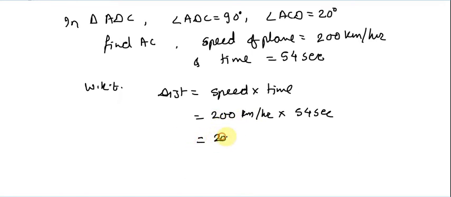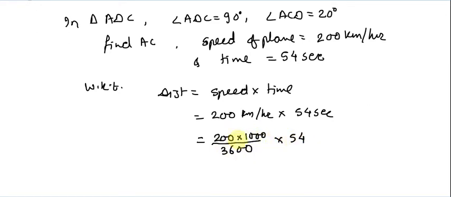So 200 divided by 3600, and to convert kilometer to meter multiply by 1000. By dividing by 3600 we convert the hour into seconds and by multiplying by 1000 in the numerator we convert kilometer into meter, and 54 seconds.